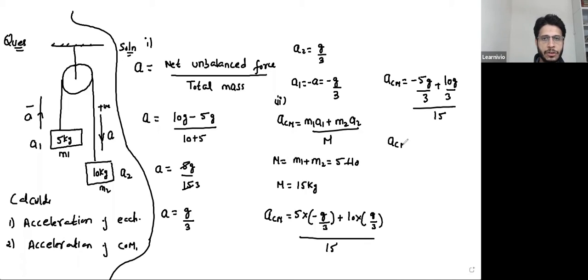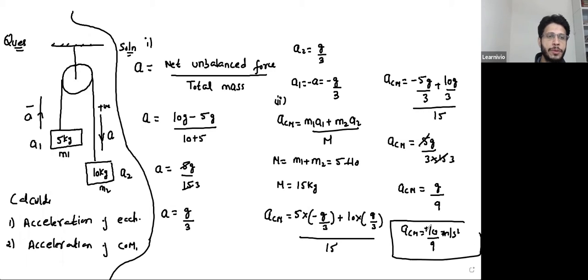So it is 5g by 3 into 15, which gives g by 9. So the acceleration of center of mass, with g as 10, is 10 by 9 meter per second square.